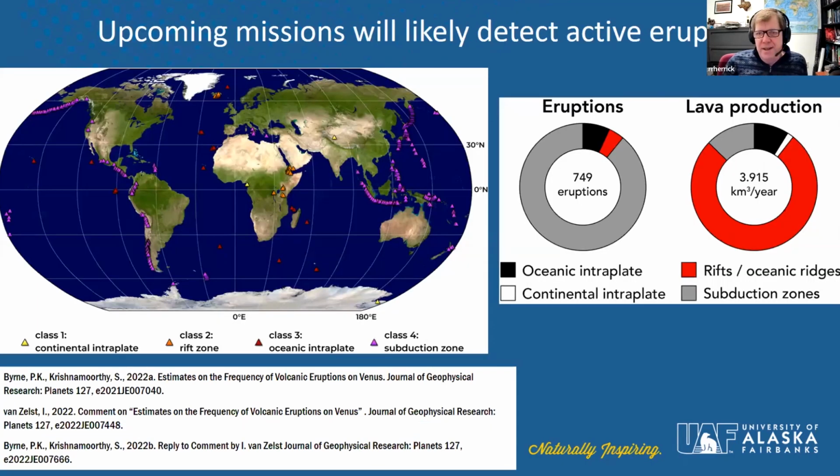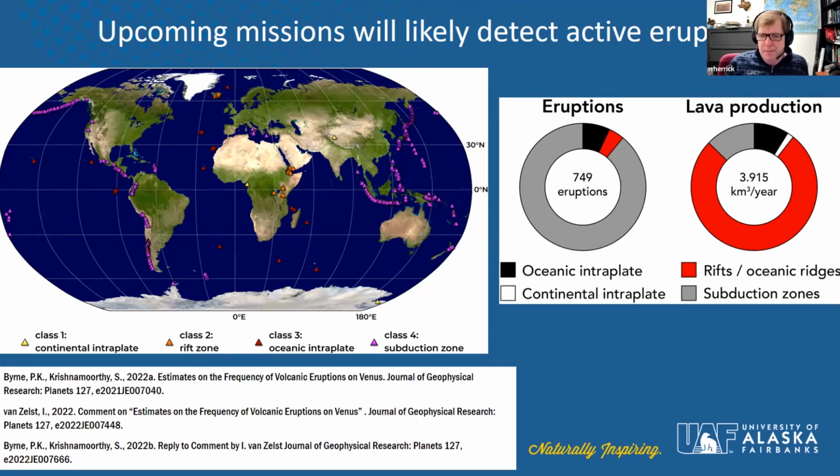And recently in the literature, there's been a rather lively debate about what you might expect in terms of present day volcanic activity on Venus if you appropriately take Earth's current level of volcanic activity and transport it to Venus, and how you would do that, and what the constraints would be, and what that predicts in terms of how many eruptions you should see during the upcoming missions, between Magellan and Arecibo data and the data that will be collected by VERITAS and EnVision.